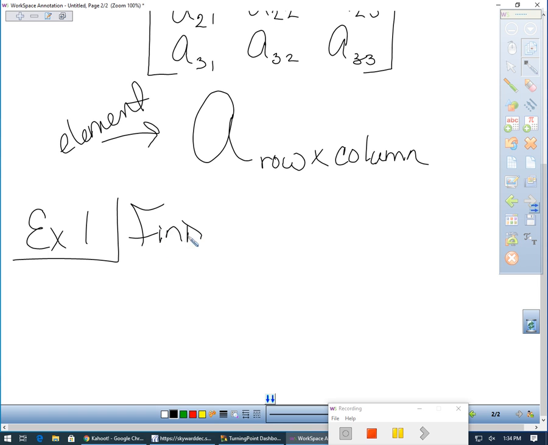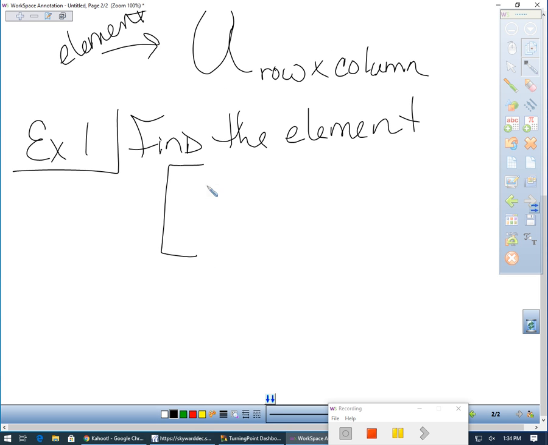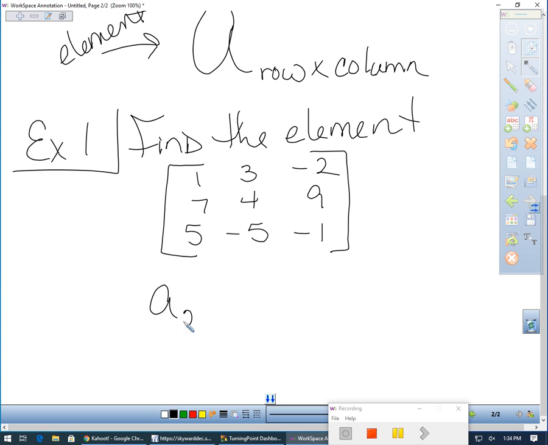Find the element. If I give you this beautiful matrix, let's say I have 1, 3, negative 2, 7, 4, 9, 5, negative 5, negative 1. All right, and I want you to tell me what is A22.